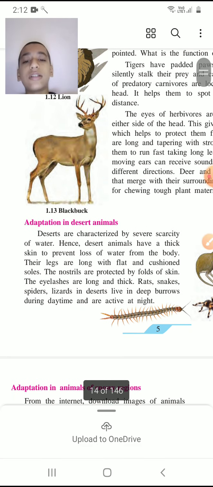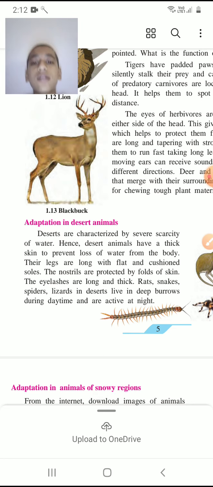Adaptation in desert animals. Deserts are characterized by scarcity of water. Hence, desert animals have a thick skin to prevent loss of water from the body. Their legs are long, with flat and cushioned soles.